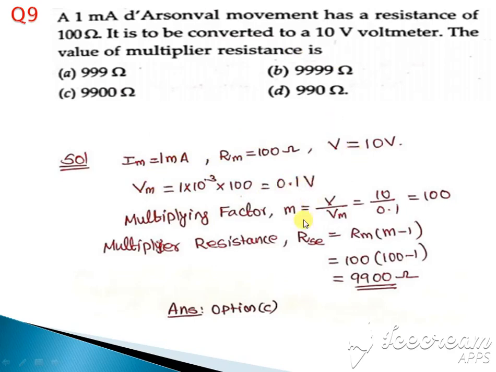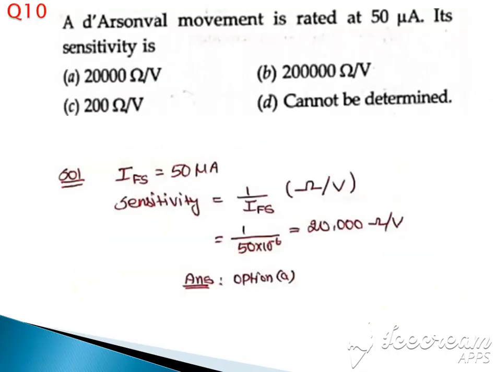From these two voltages we can find the multiplying factor. M is equal to V by Vm. So 10 by 0.1 is equal to 100. So the multiplying resistance Rse is equal to Rm into m minus 1. So 100 into 100 minus 1, which is 9900 ohm. The option is option C.